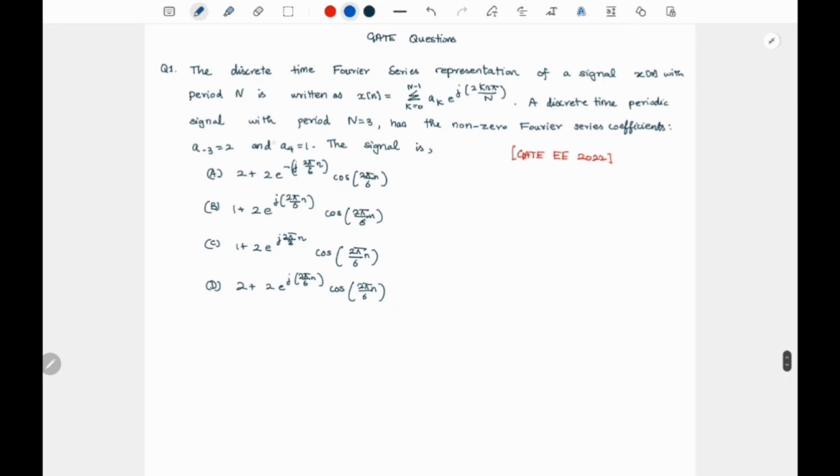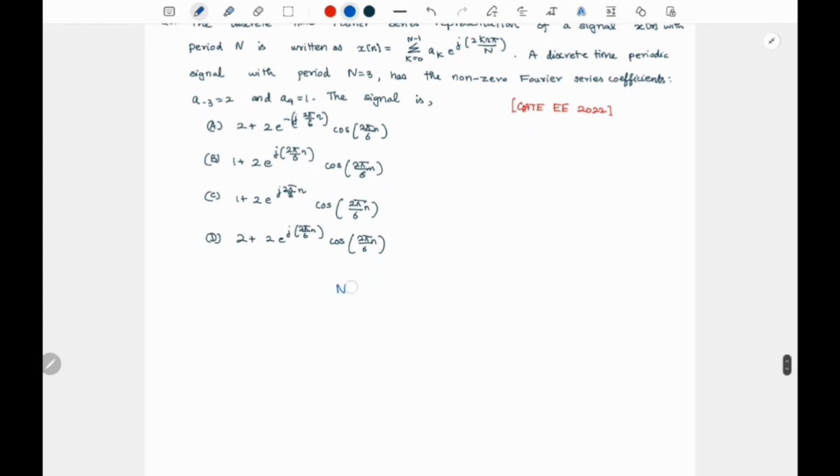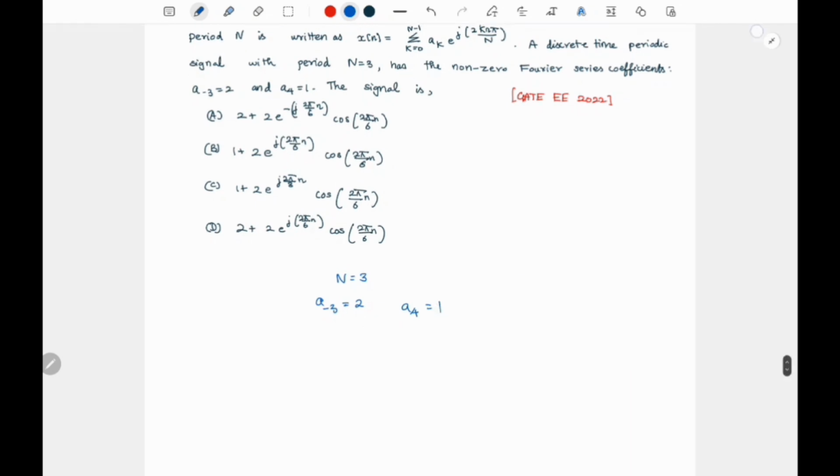Okay, a discrete time periodic signal with period N equal to 3 has non-zero Fourier series coefficients, a minus 3 equal to 2 and a4 equal to 1. The signal is. So we need to find the signal.